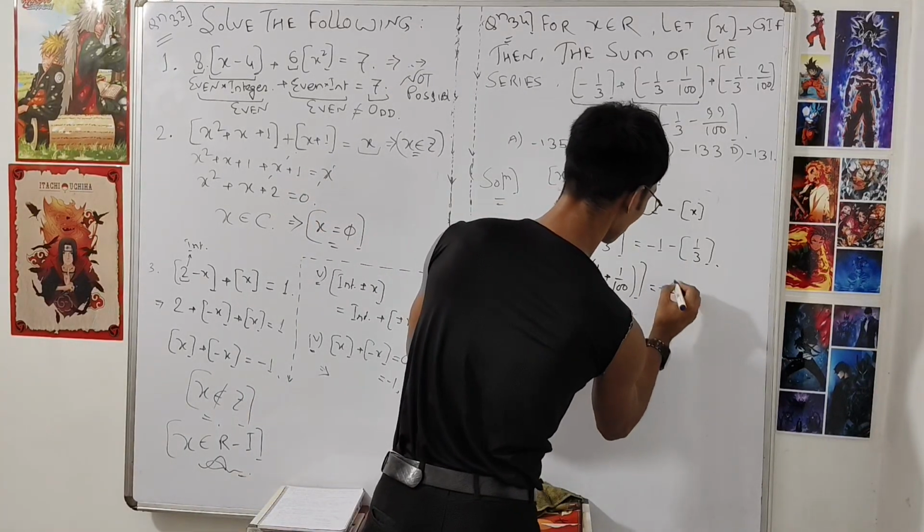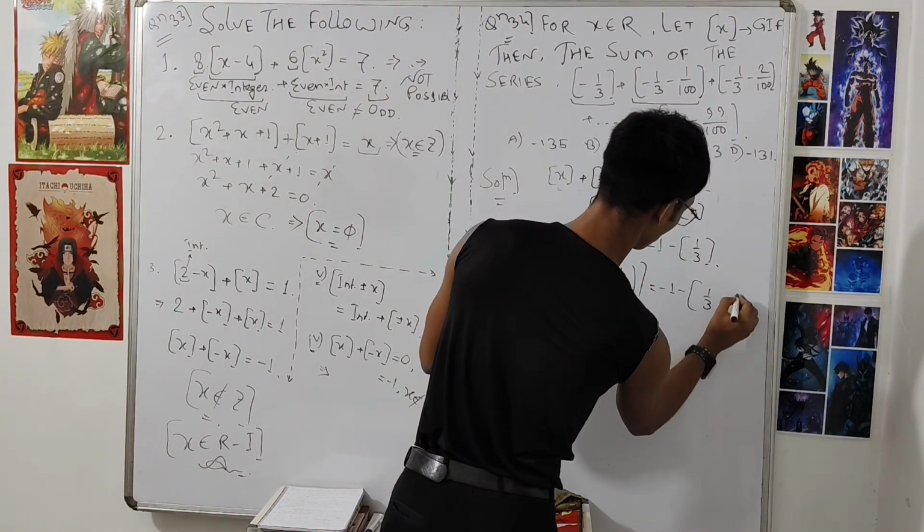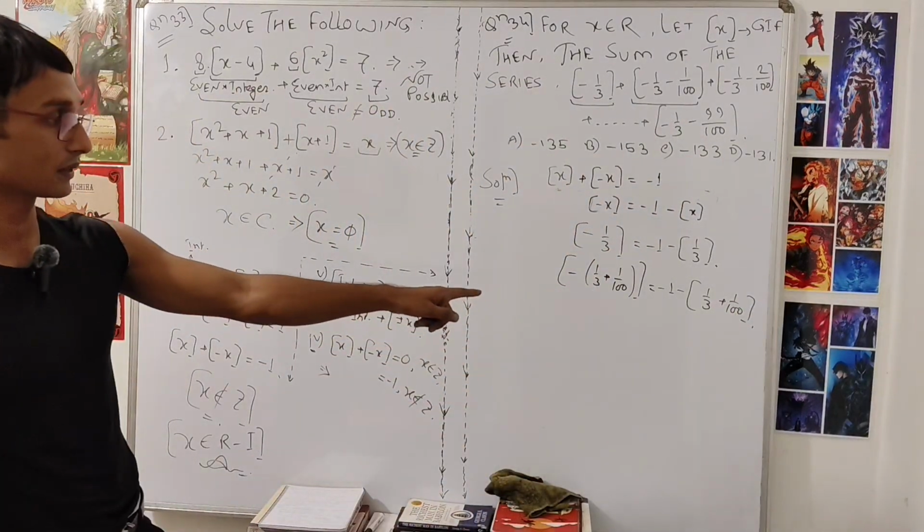Just simply -1 and minus of box 1/3 plus 1/100, like this.